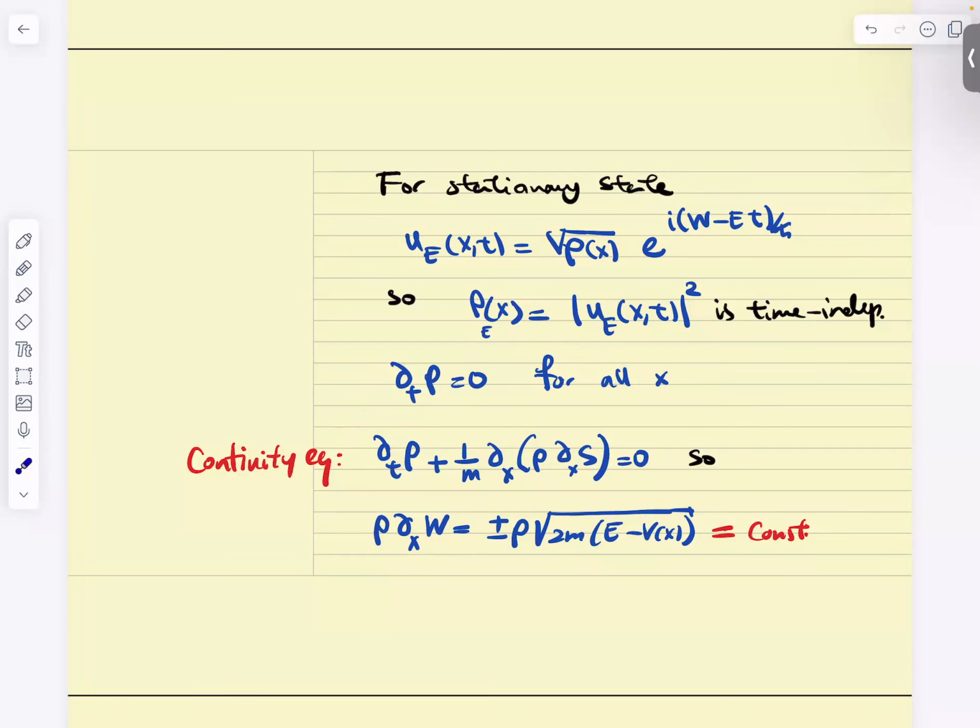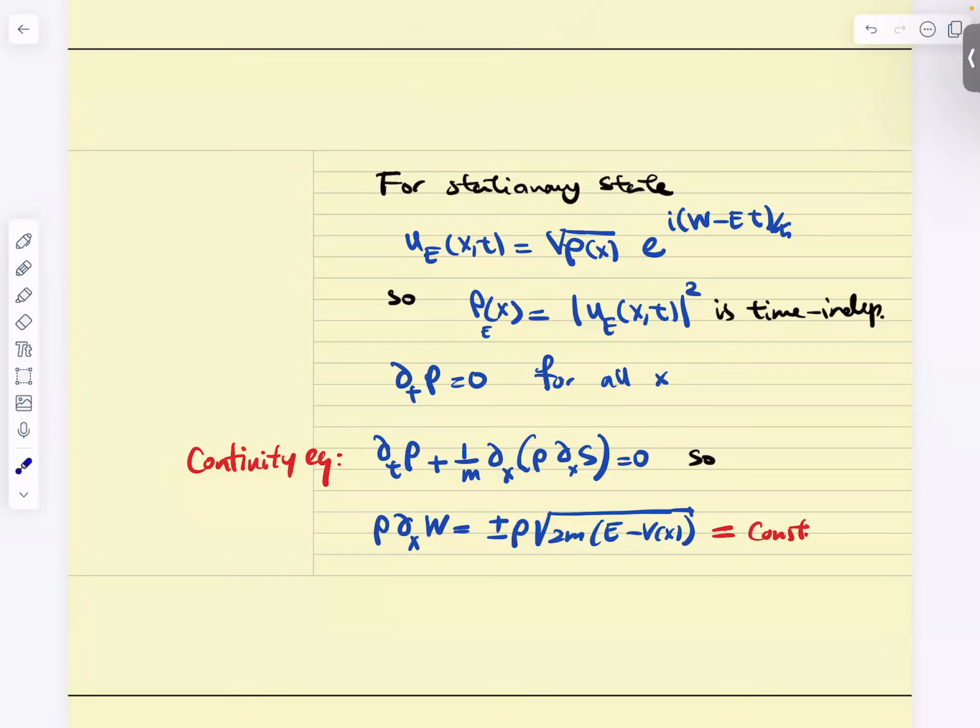That means that if you write down the continuity equation, which in one dimension is like this, I have it on the board already, all I'm doing is, in one dimension, this is del x. I'm plugging in. This is my equation. Now, for energy eigenkets, we know that this term is 0.